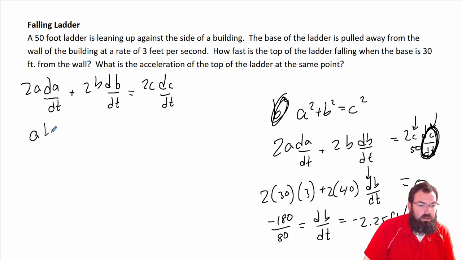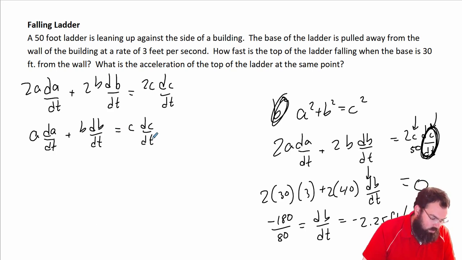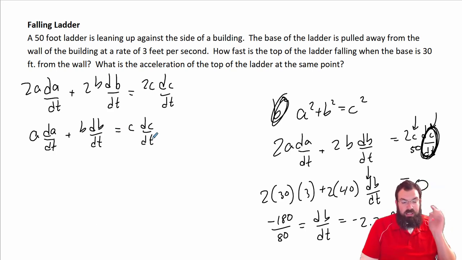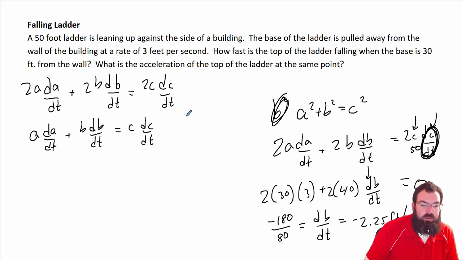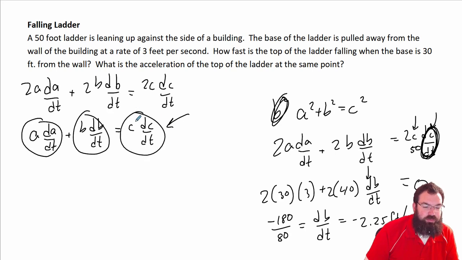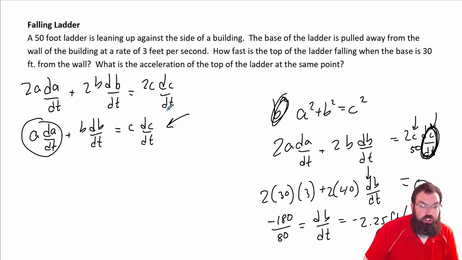I get a dA/dt plus b dB/dt equals c dC/dt. To find the double derivative of this, how do I do that? These are all product rules. That's a product rule, that's a product rule, that's a product rule. So now let's do it. Oops, this is dC over dt.